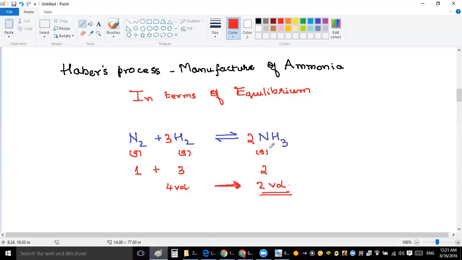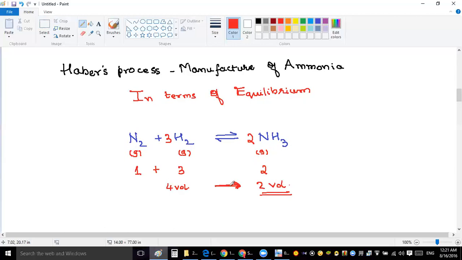So high pressure favors the forward reaction, and I'm going to get more ammonia. But like this, even nitrogen and hydrogen will increase, not the pollution? No, see, if I'm applying more pressure, you see here the pressure is increased.